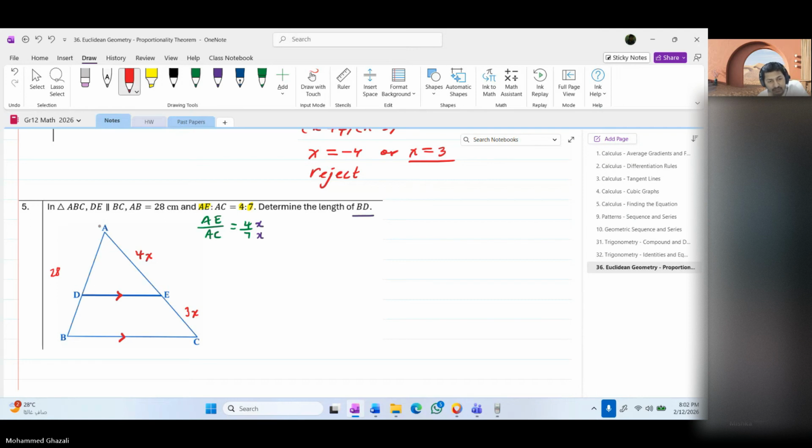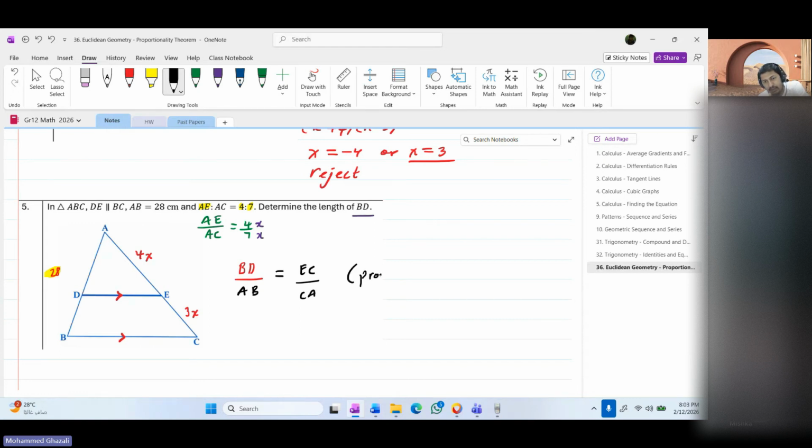We're not doing AD over BD because we want to find BD. So we're saying BD over AB, because the entire distance AB was given, which is 28. So BD over AB equals EC over CA. You can say CA or AC, it means the same thing.